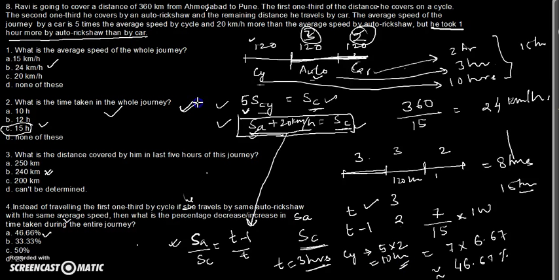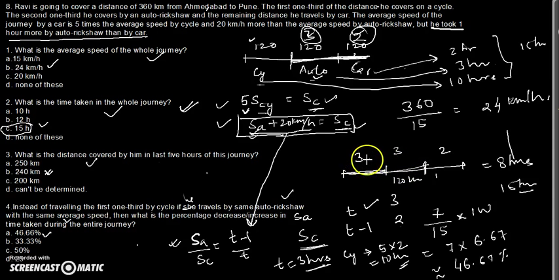And since we already got the total time, and we have the total distance, we calculated the average speed. The third question was logical. In the last 5 hours of the journey he used auto and then car, so total 240 kilometers. And then the last one was, if he did not use the cycle and instead used an auto rickshaw, he would take 3 hours again, because he had already taken 3 hours to cover 120 kilometers.